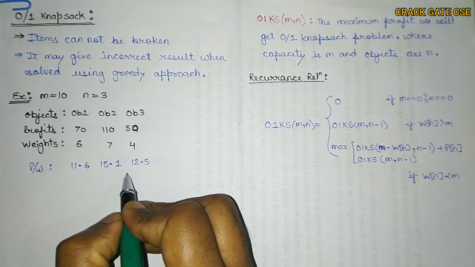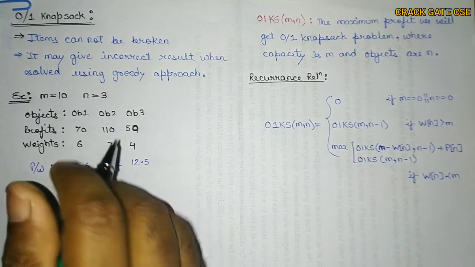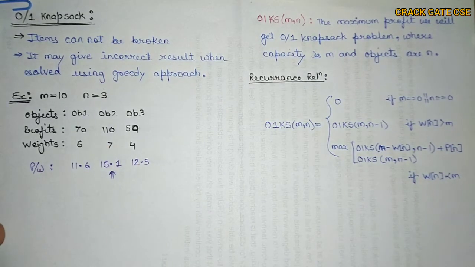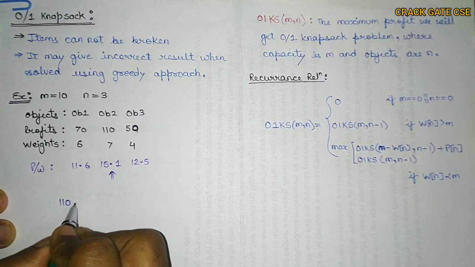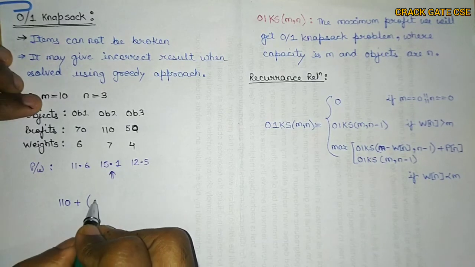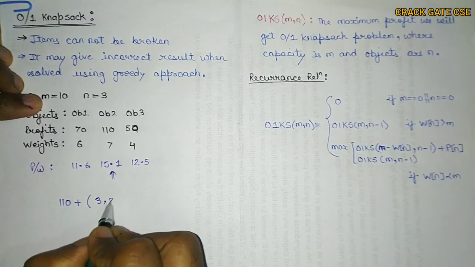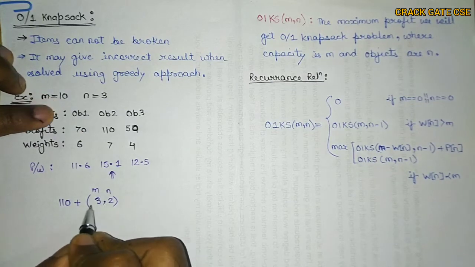If we apply the greedy approach, then we start from the maximum ratio. So if I take this particular object, the profit 110 will be added. The remaining weight is 3. So this is M, this is N. So the weight is 3.